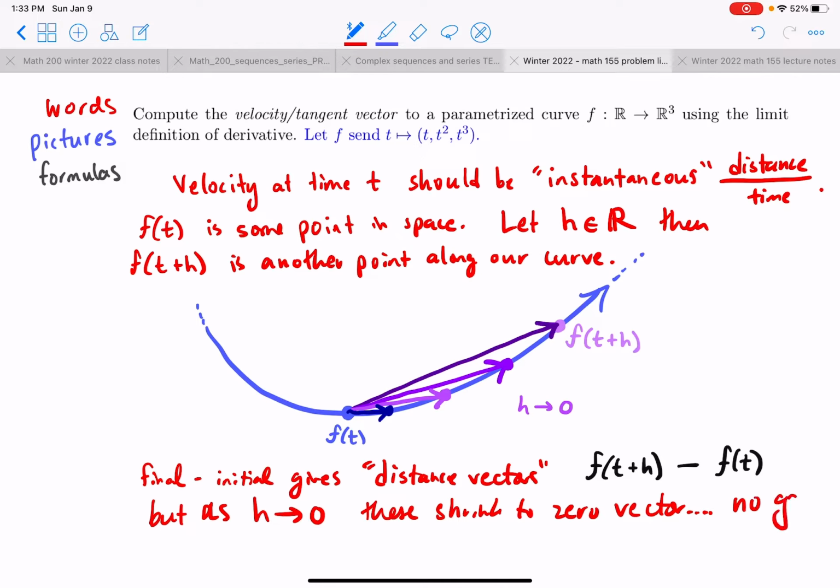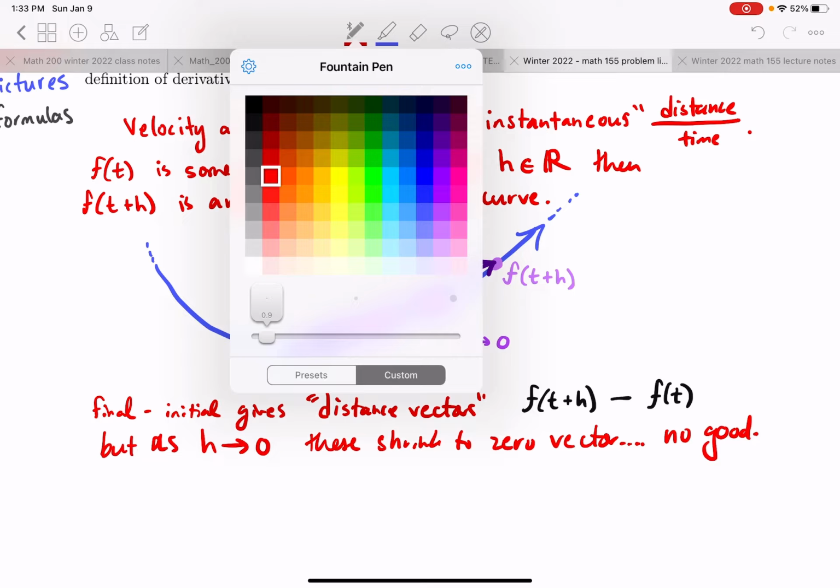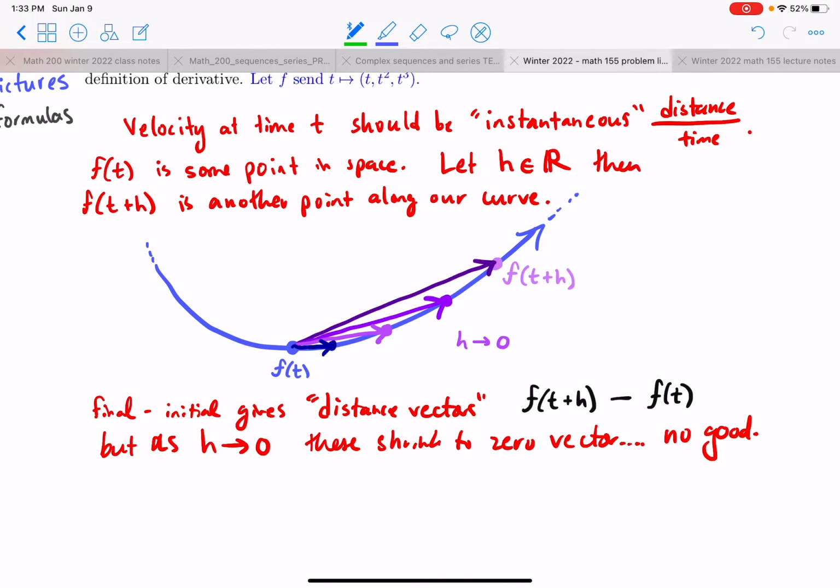And that is no good. Velocity shouldn't be just the 0 vector. Velocity should be some actual vector. Like, really, in our heads, we're thinking that the velocity right here should be a vector like that. And the velocity here is a vector like that. And the velocity over here is a vector like that. And everywhere you are, the velocity should be sort of tangent to the curve. Now this little vector here looks pretty tangent, but it's too short, so we need it to be bigger.